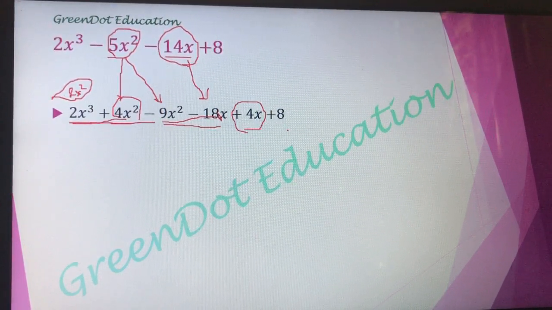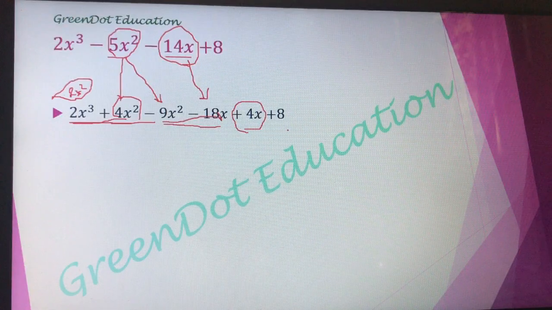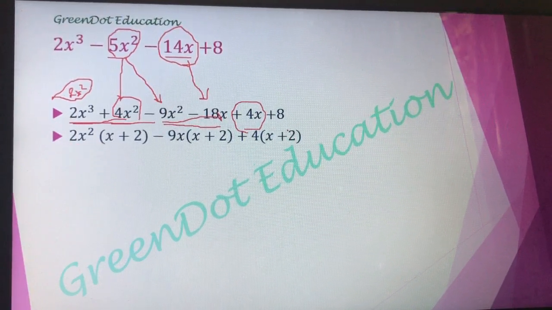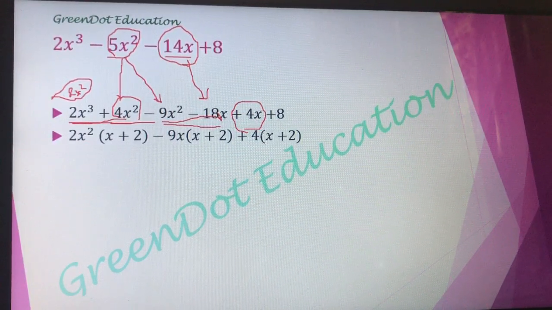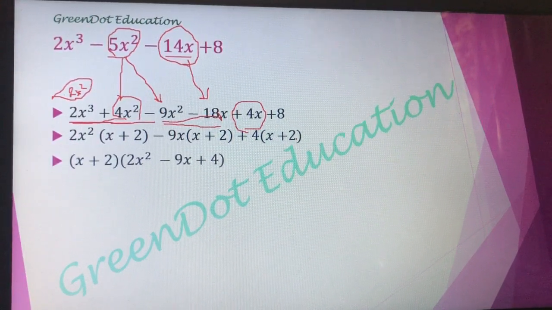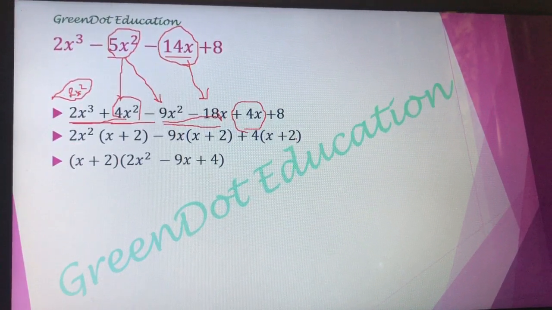So in this way, factorizing these sums, we get 2x square, x plus 2 is common from first two terms, and 9x common from the second, third and fourth term, and x plus 2 as a common factor. And then from the last two terms I get 4 as common, and then x plus 2 will be the remaining factor.